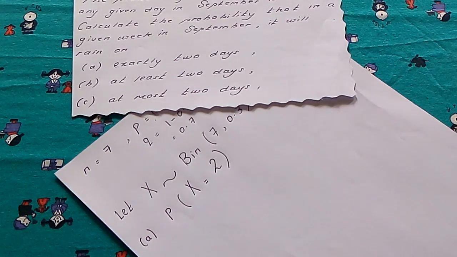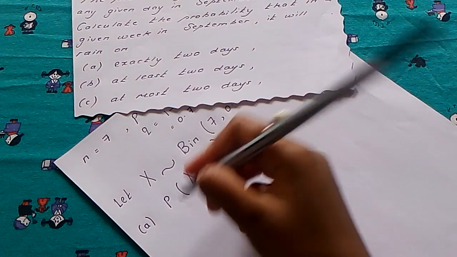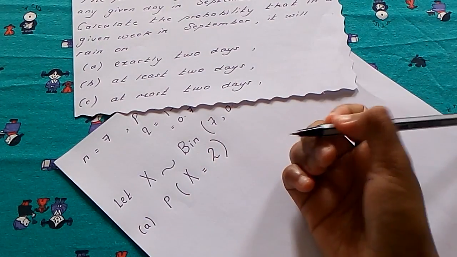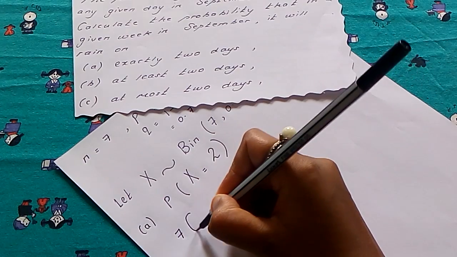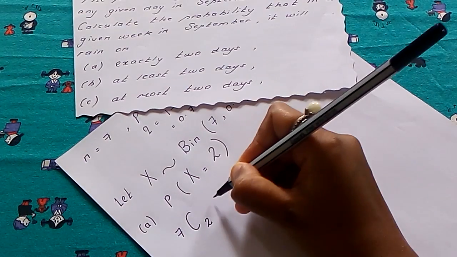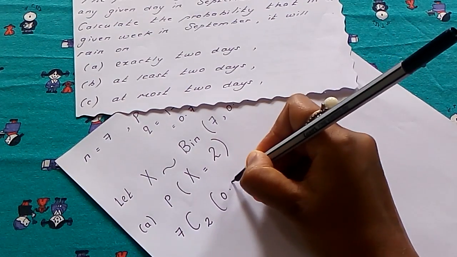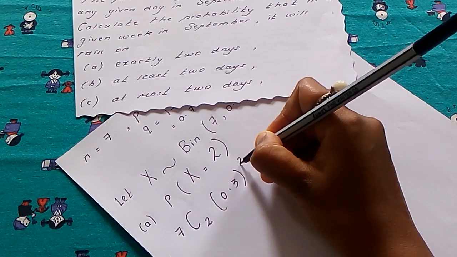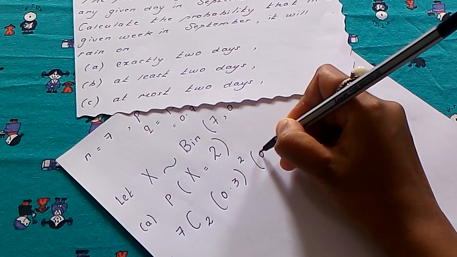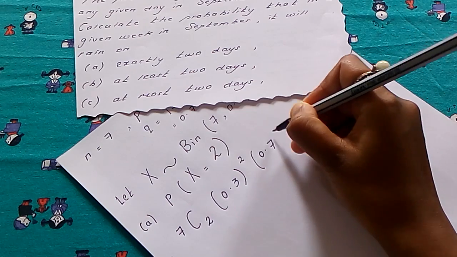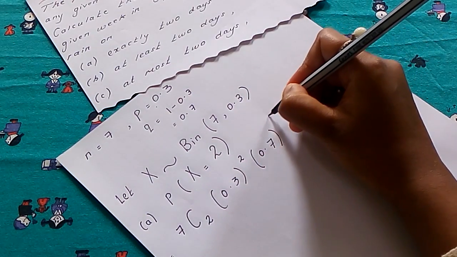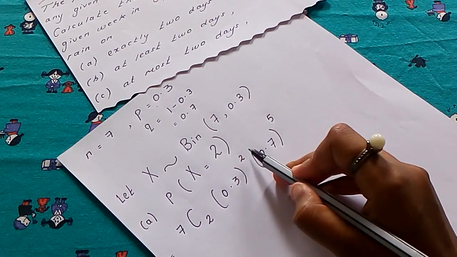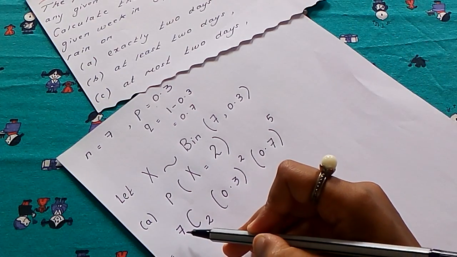So let's use the formula. nCr, so it's going to be 7C2, 0.3 to the power of 2, and then 0.7 to the power of n minus r, which is 5. So here again, if we add these two powers, we should get n, which is 7.